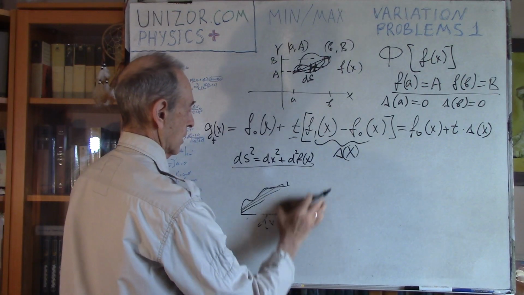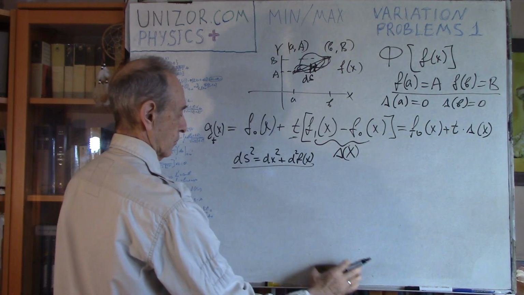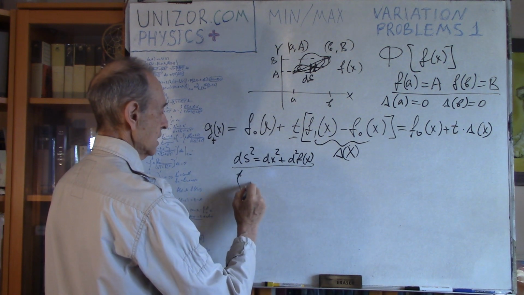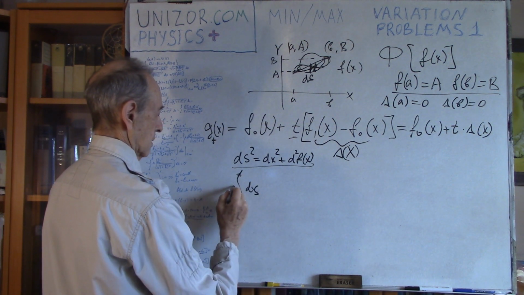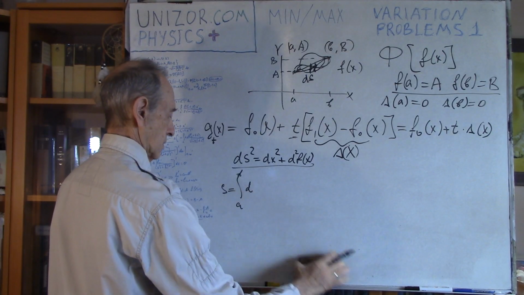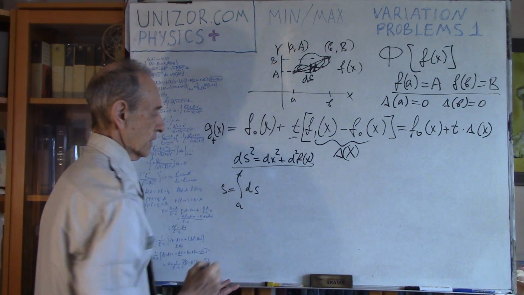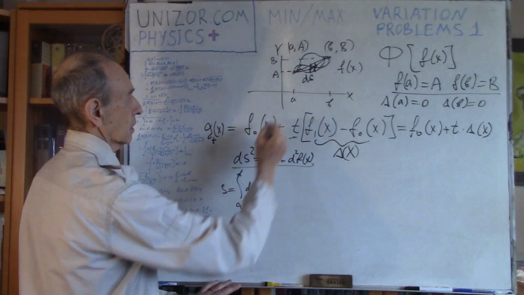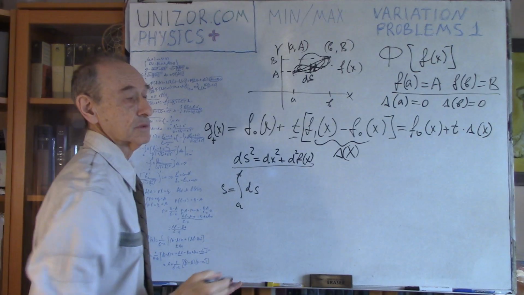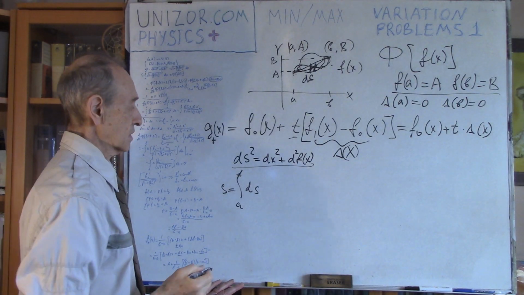All right, so what we have to do is the integral from a to b of ds. That's our s, right? The total length is the integral from a to b of the sum of all the different infinitesimal pieces ds.